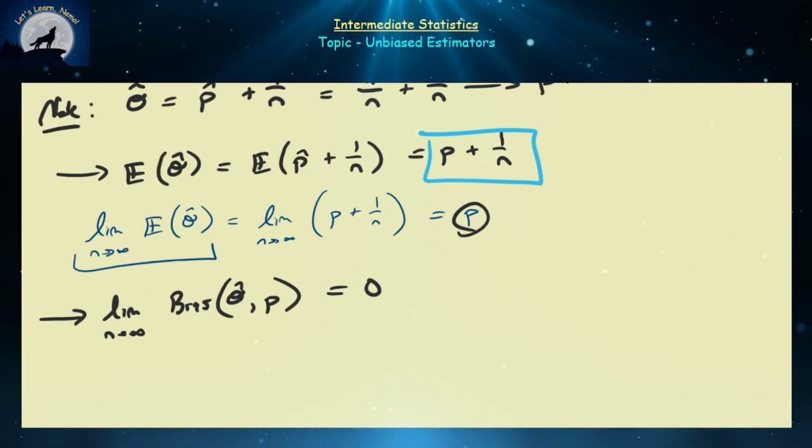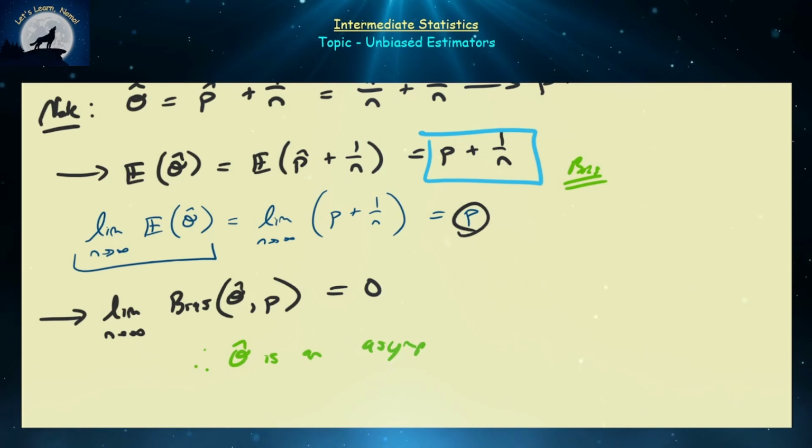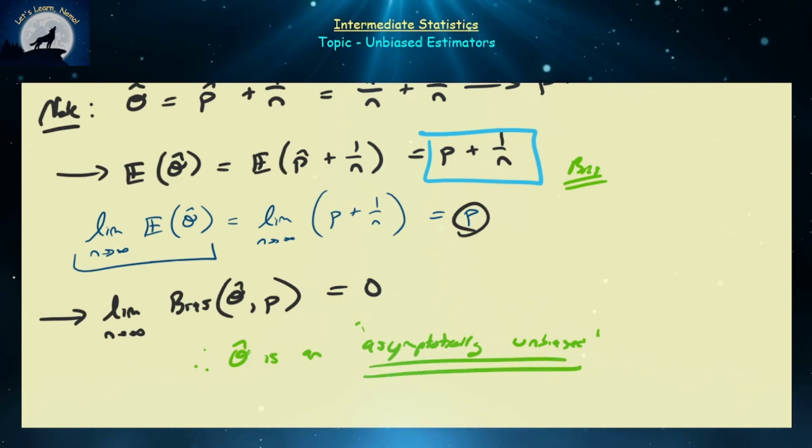Theta hat obviously has bias for finite n, but as n gets really, really large, the bias tends to 0. So we say that theta hat is asymptotically unbiased. It's not unbiased in the finite realm of n, but it's asymptotically unbiased. That is, it converges to an unbiased estimator of p.